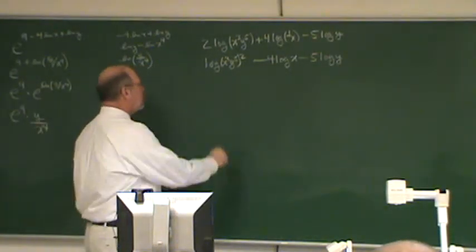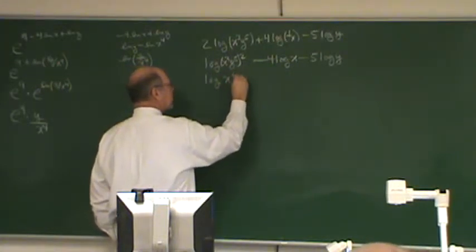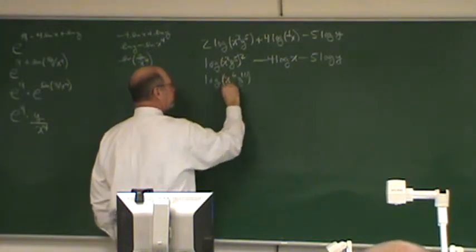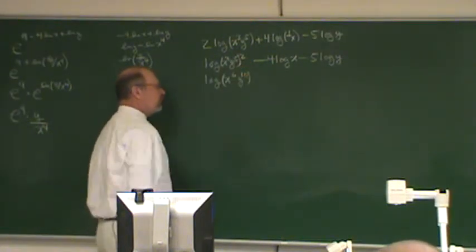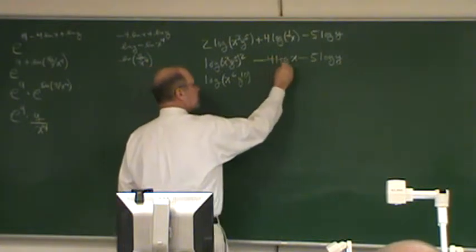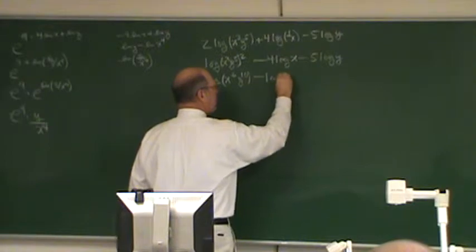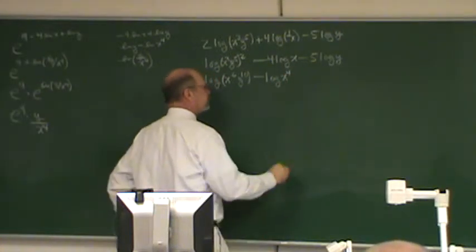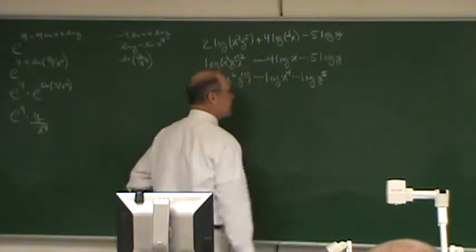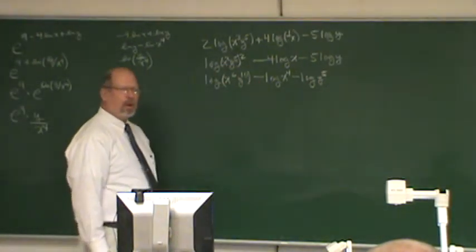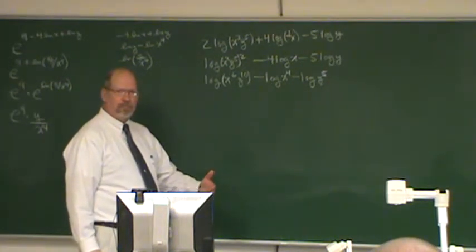Now, this turns into log of x to the 6th, y to the 10th, because 3 times 2 gives you 6, 5 times 2 gives you 10. Bringing these numbers back up into the exponent, we get minus the log of x to the 4th, minus log of y to the 5th. Okay? Now, our main purpose here is to write this as a single logarithm. Yes? Go with me here.